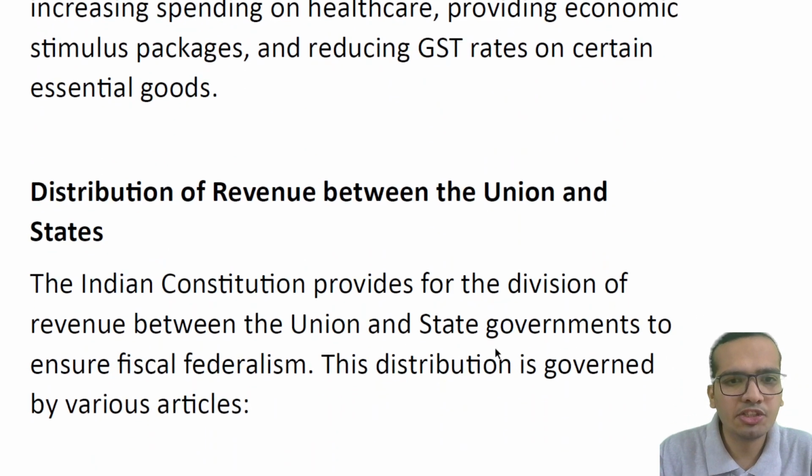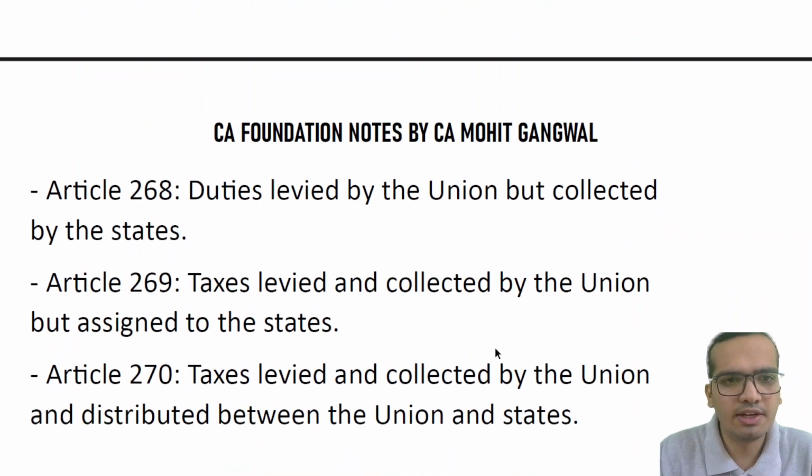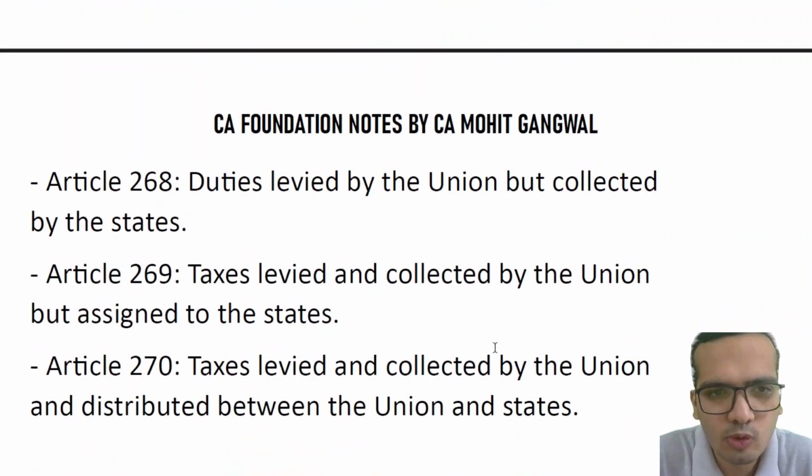Then comes distribution of revenue between the union and states. The Indian constitution provides for the division of revenue between the union and the state governments to ensure fiscal federalism. The distribution is governed by various articles. First, Article 268.